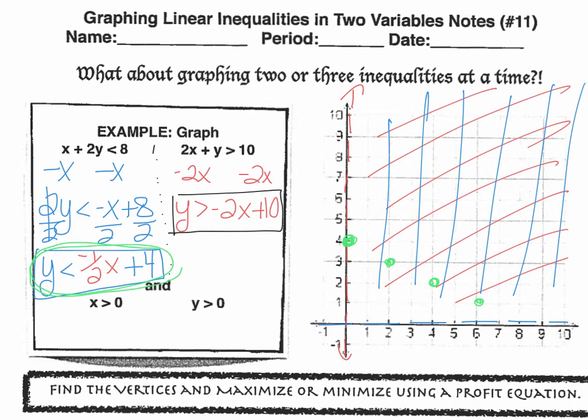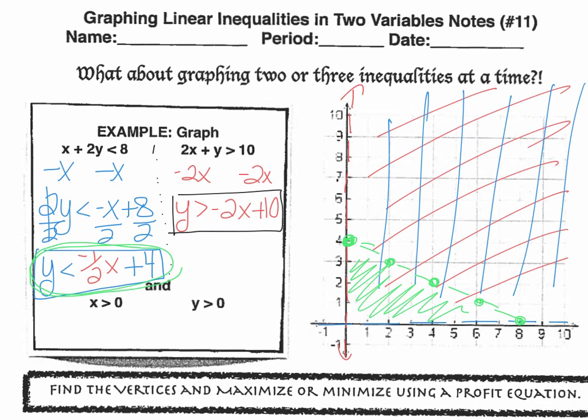I'm just going to take this all the way down until I actually hit my x-axis, because that'll tell me where that entire line falls. It's just a less than, so this is just a dashed line, not a solid line. And I want everything less than that, so we're looking inside this bottom chunk right here.